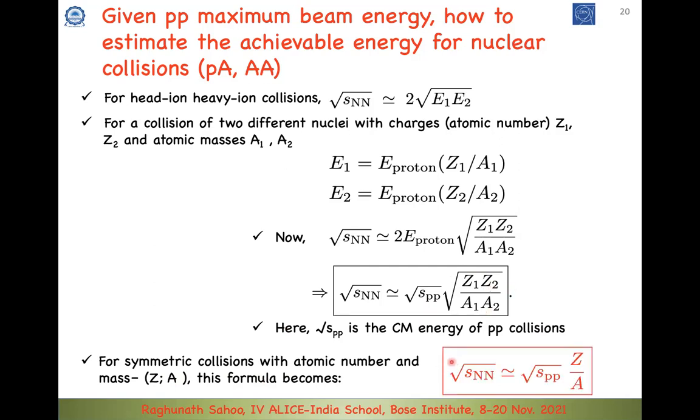So sqrt(s_NN), the per-nucleon center of mass energy for heavy ion collision, is equivalent to sqrt(s_pp), the proton-proton collision, multiplied by a factor Z by A. It is not just Z multiplication, it is also division by A to take care of your masses. So this is the formula used. For example, if you have a proton energy available for a particular accelerator, what will be the energy available for heavy ion collision is decided by this simple formula.